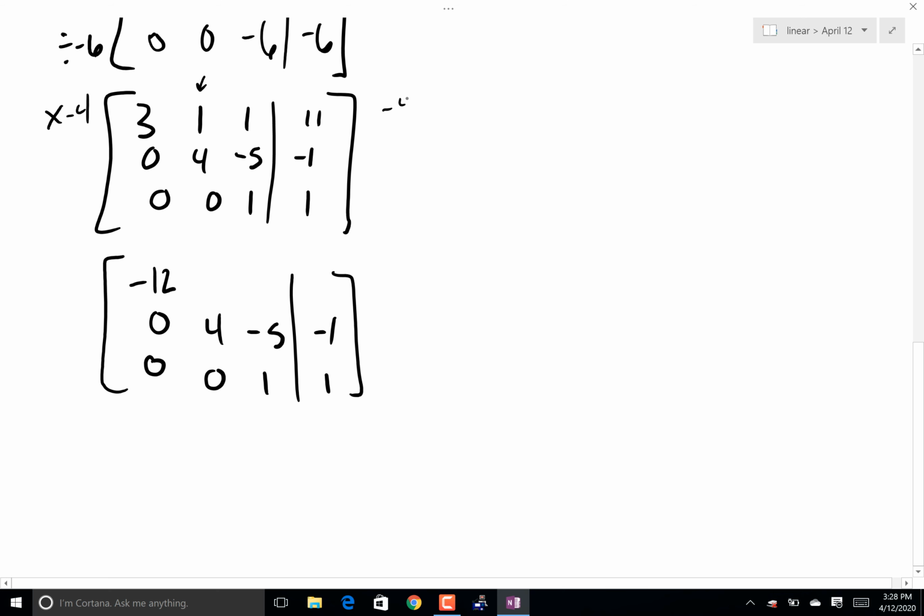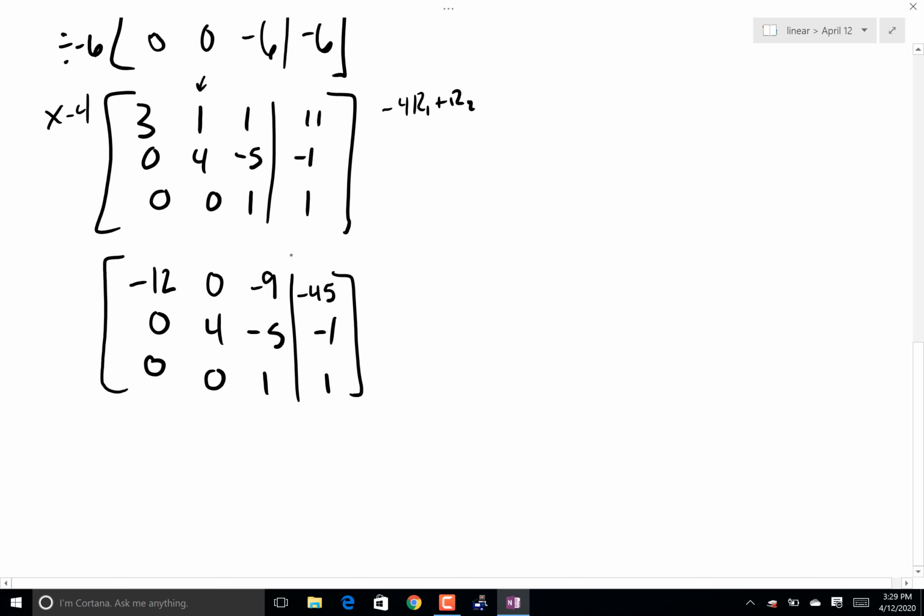So -4 times R1 plus R2 is what I'm going to have. That's -12 plus 0, -12. -4 plus 4 is 0. -4 plus -5 is -9. -44 minus 1 is -45. Well, that's nice. That's pretty handy, right?